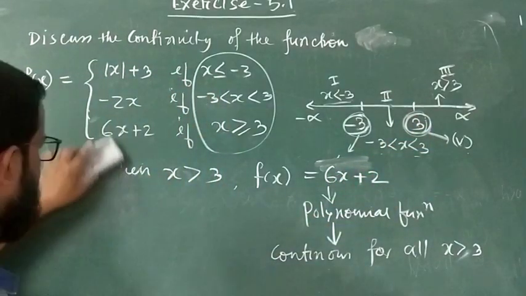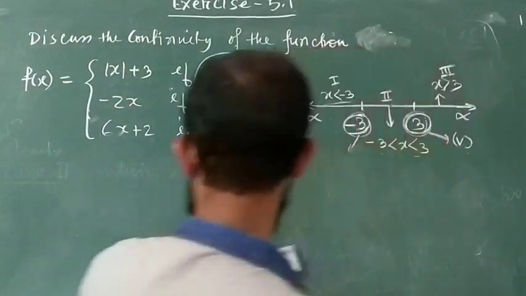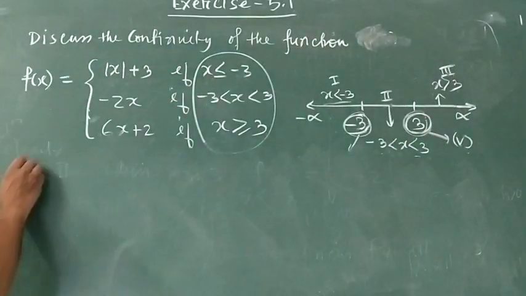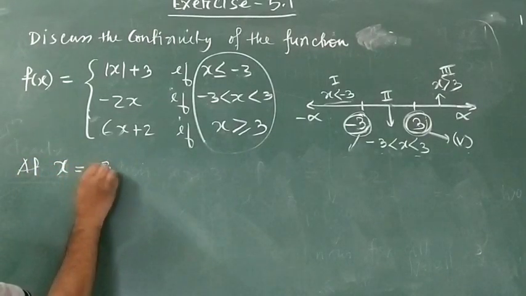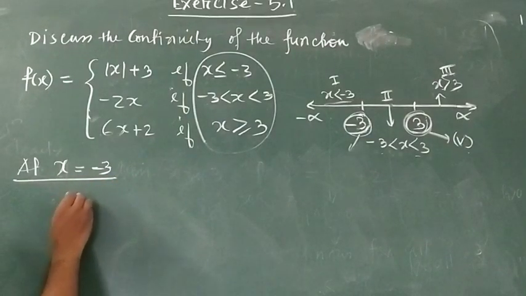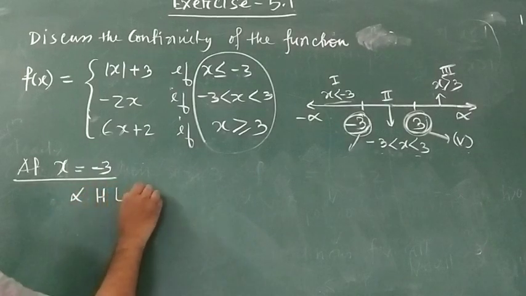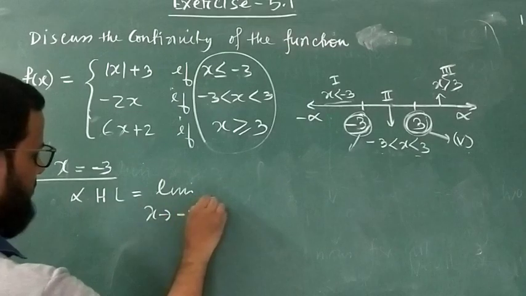Let us discuss case number 4, at x equal to minus 3. This particular case is a little bit lengthy. You have to find the left hand limit and right hand limit individually, and check whether it is continuous or not. Left hand limit is the limit as x tends to minus 3 minus.